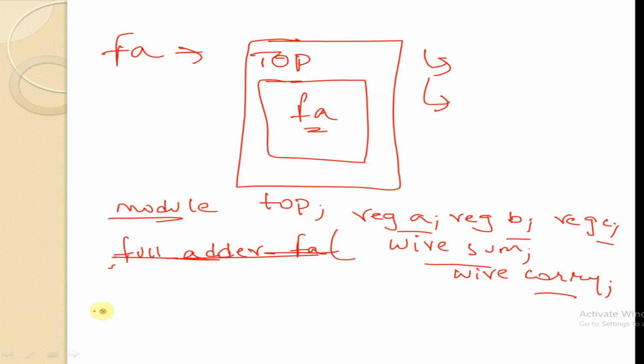Now I need to instantiate full underscore adder in my module top.